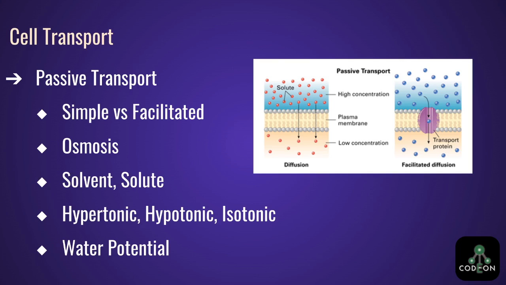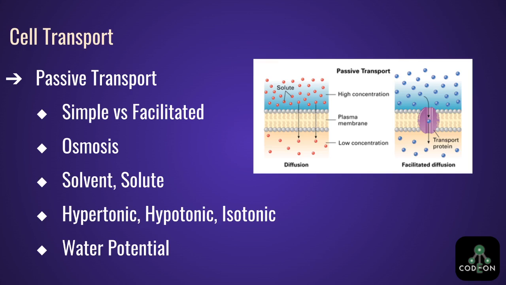And then three terms: we have hypertonic, hypotonic, and also isotonic. Hypertonic is when, relative to our side, the other side has a higher concentration of a certain molecule. We would say that the other side is hypertonic to our side.